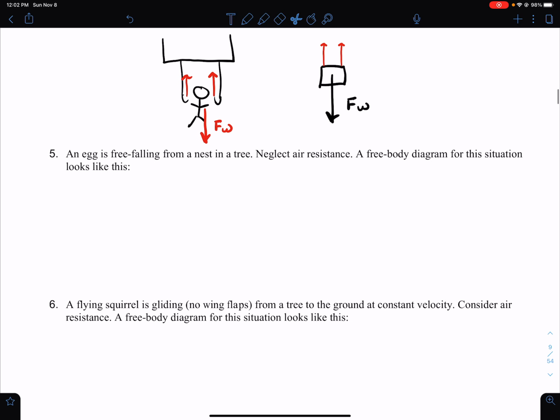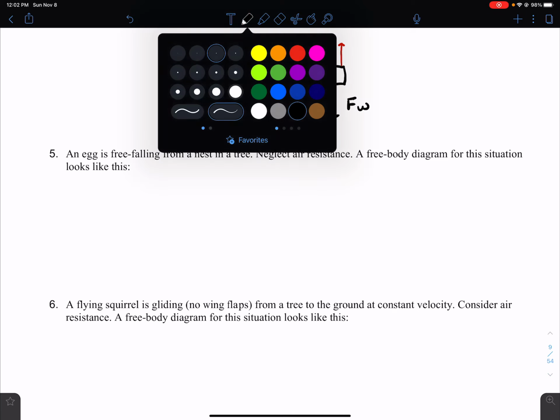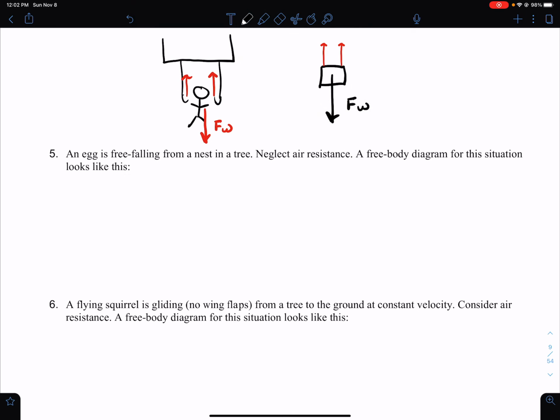All right, so we have number 5. Number 5, it says that an egg is free falling from a nest in a tree. So here, if that's an egg that's falling from the tree, we know that if something's falling, we're going to have the weight of the object.